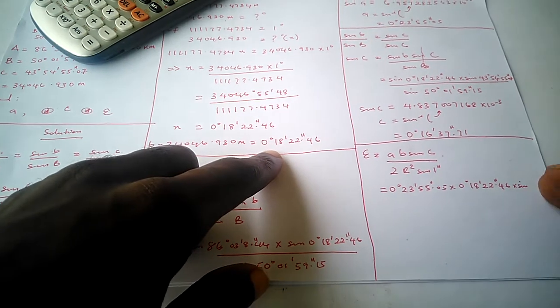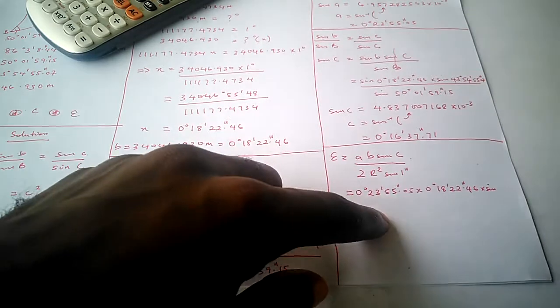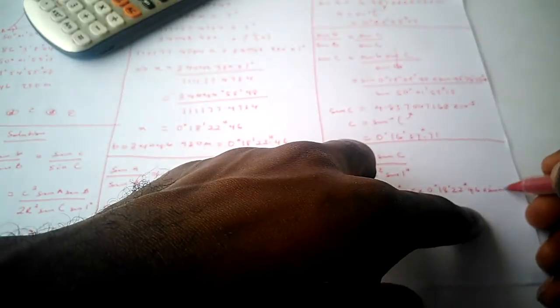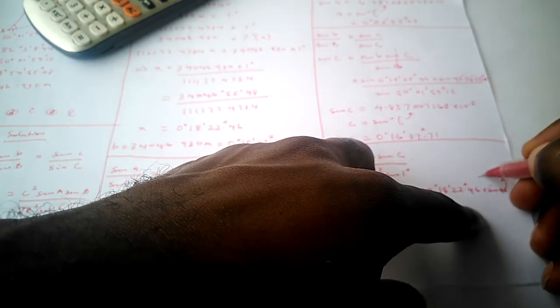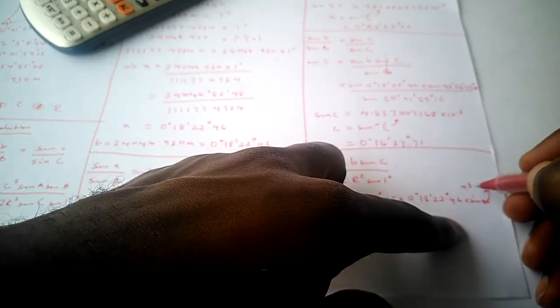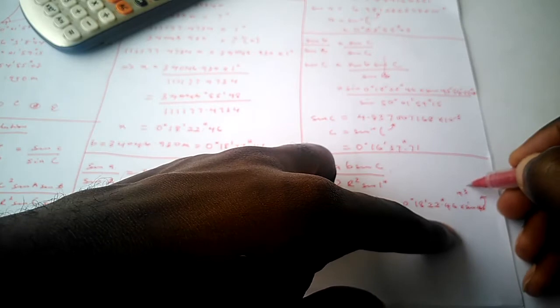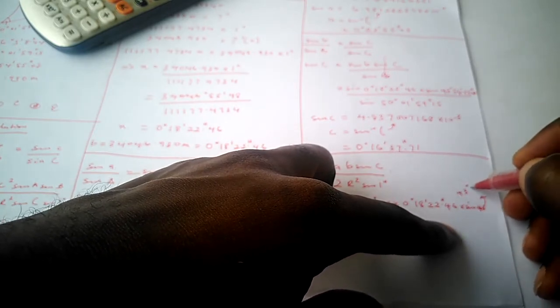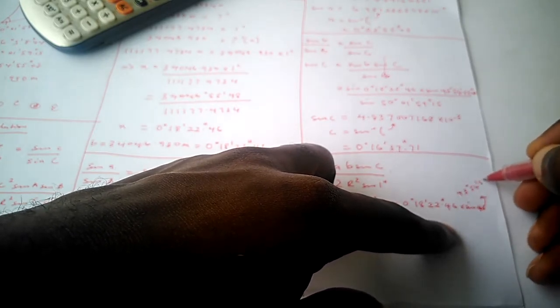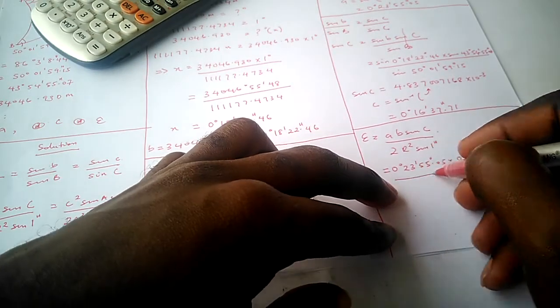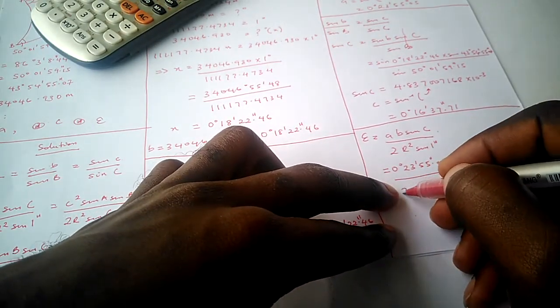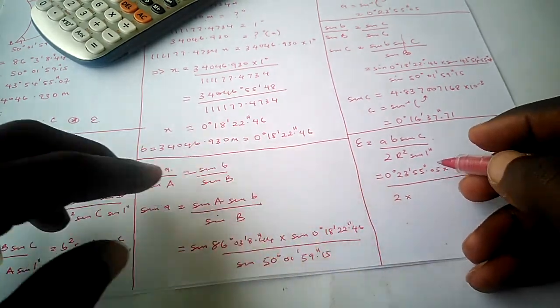What's our C? Our C is 43 degrees 54 minutes 55.07 seconds, divided by 2 times the R we are given, that's the radius of the earth.